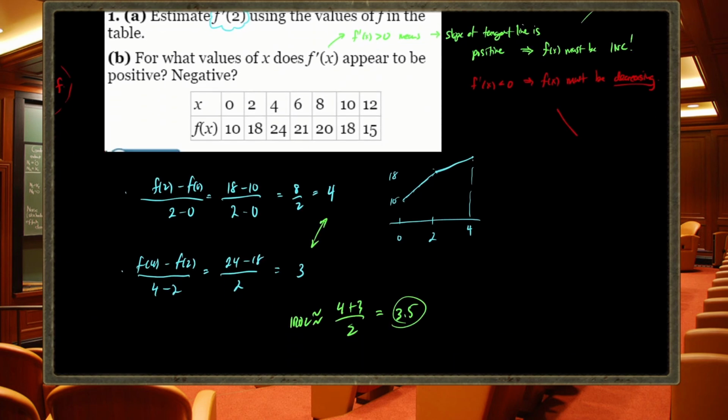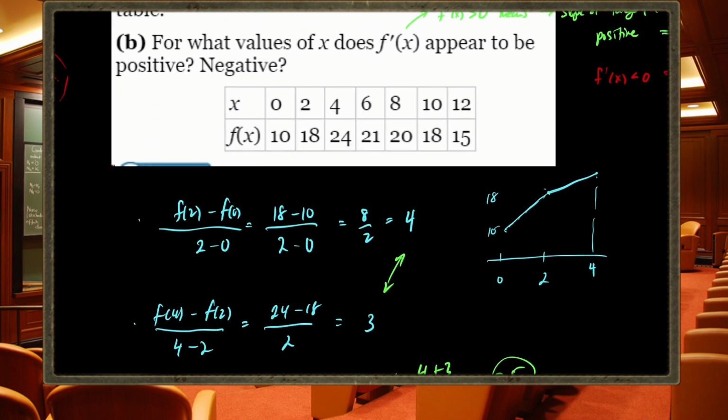So here we can just really take a look at the change. We see that x is going up in equal intervals, so that's fine. So we can see, is f increasing or decreasing on these intervals? So here we see a positive change. So it's increasing here, increasing here.